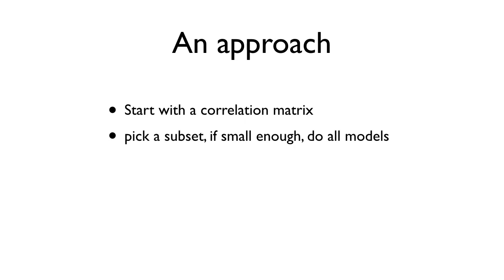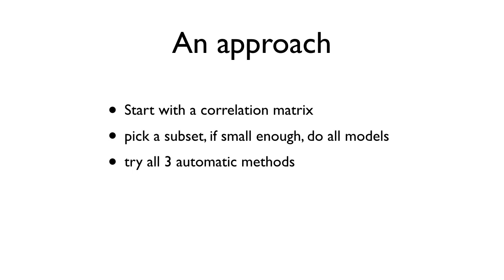I would do exploratory data analysis on all of these with scatter plots and check for nonlinear relationships too, and maybe I can fix them. Maybe they're exponential and I can just take the square root or the logarithm or something. But I pick a subset, and if I can, I'll do all possible models.